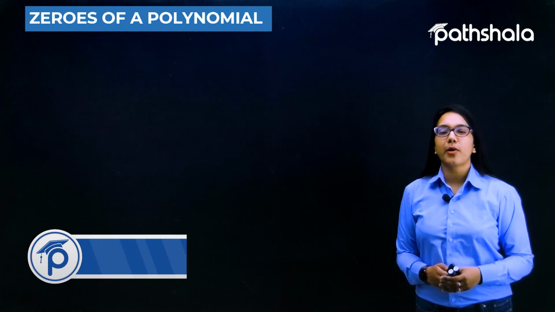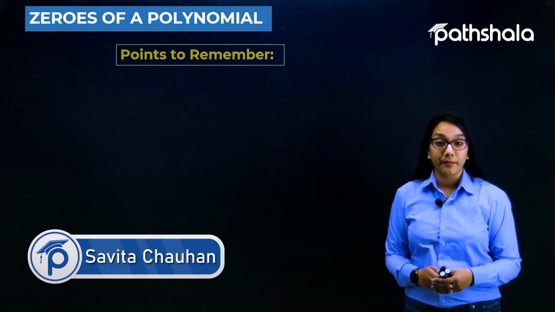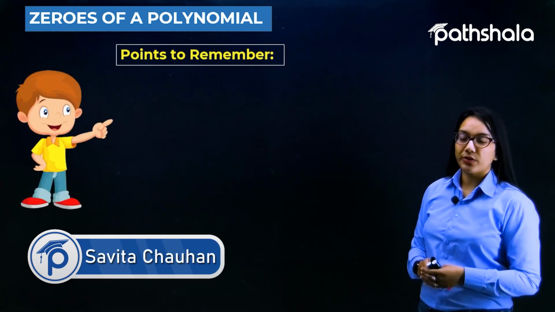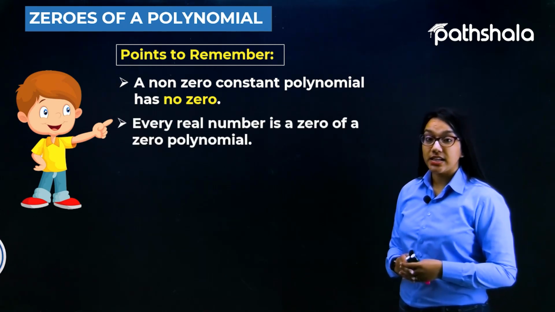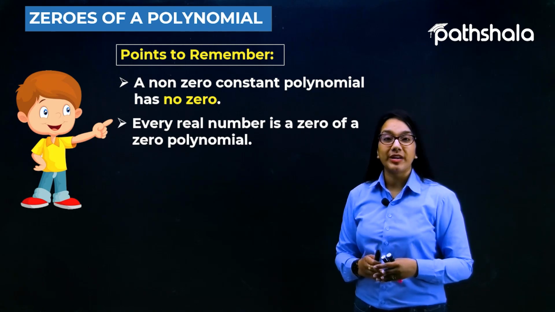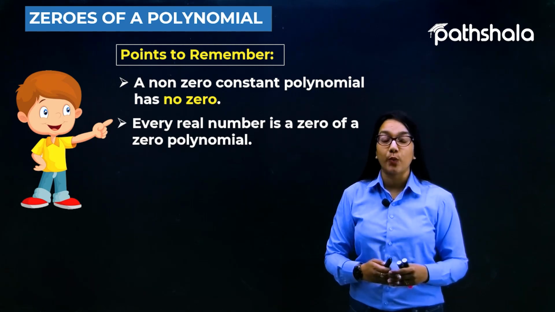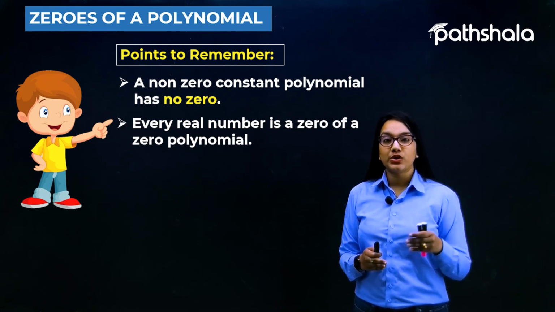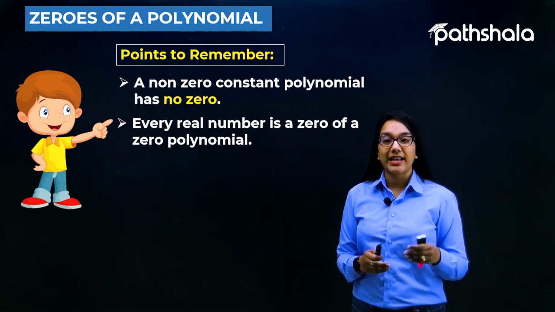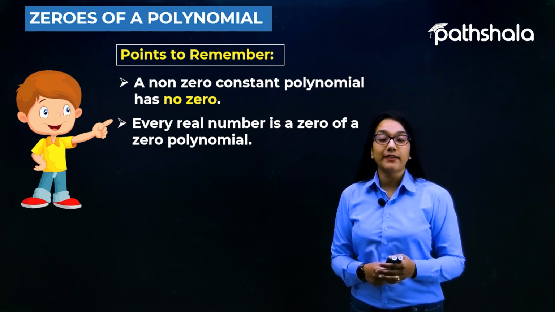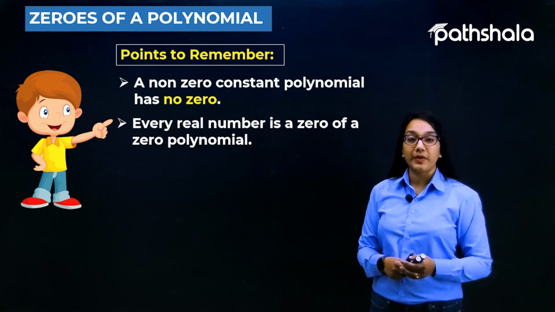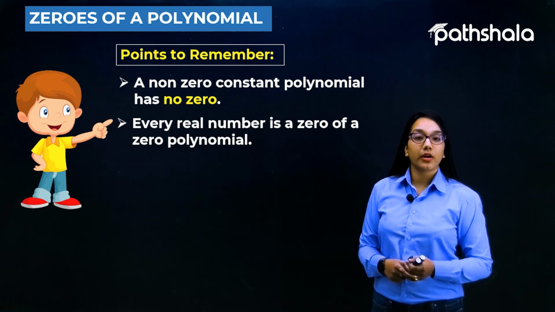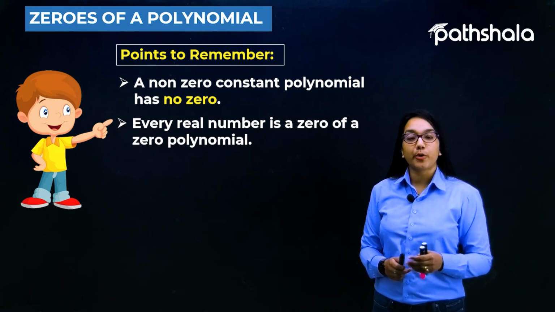Now let's talk about some of the points to remember. The very first point is that a non-zero constant polynomial has no zero. Let us suppose we are talking about the non-zero constant polynomial 2.